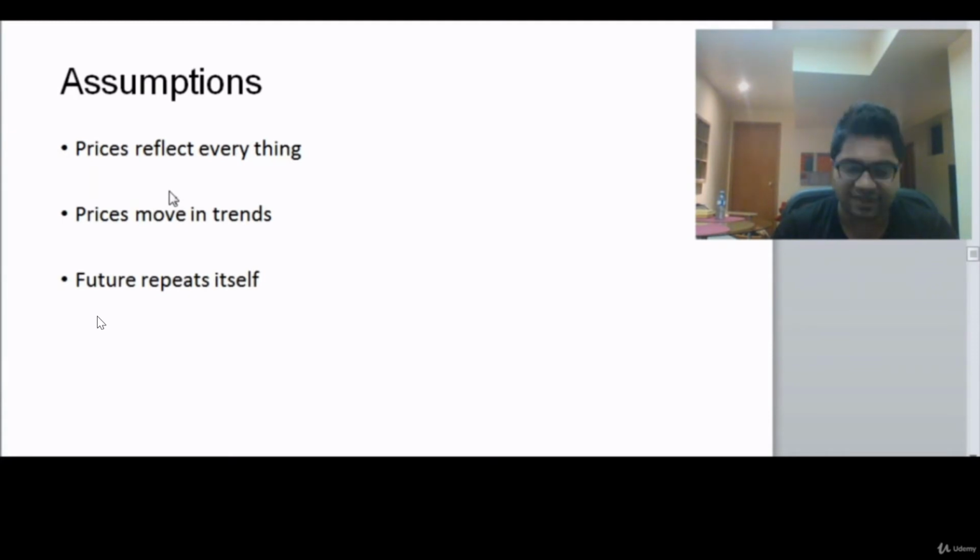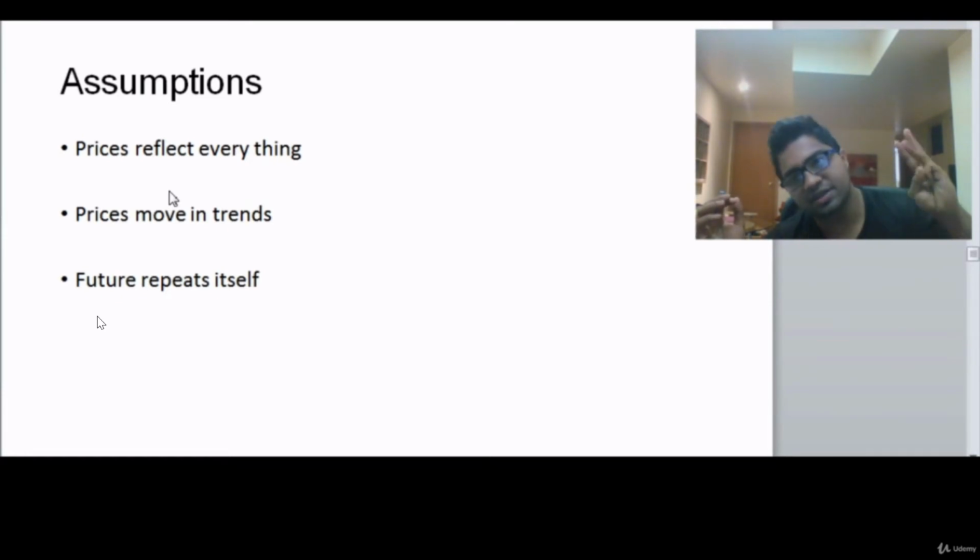Now, next is technical analysis. Technical analysis once again studies the market behavior. It studies the market behavior to analyze past patterns and predict demand and supply.